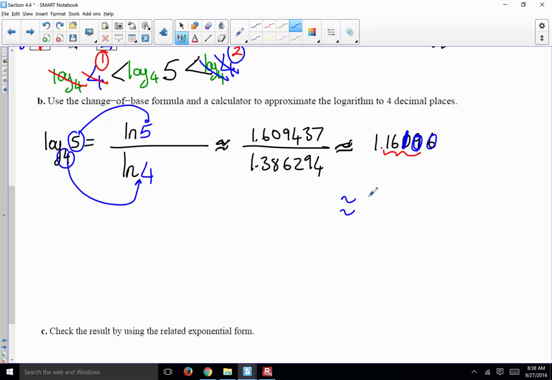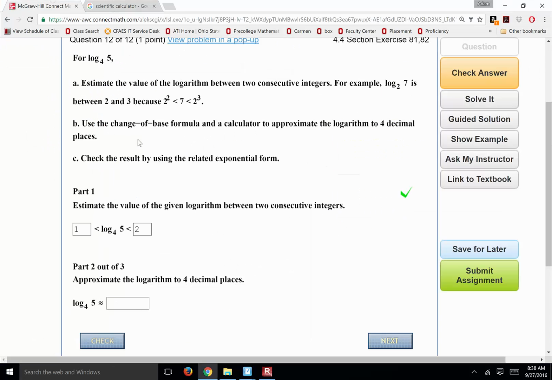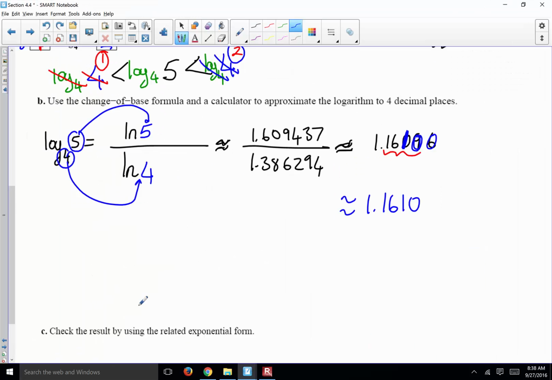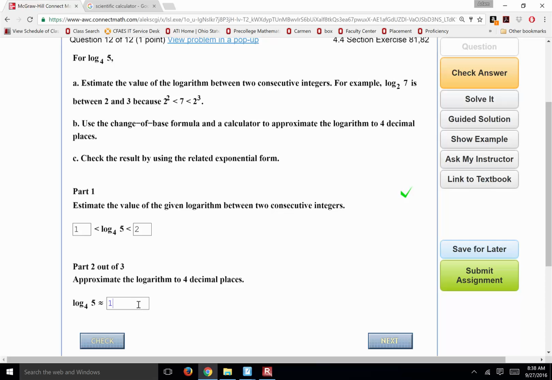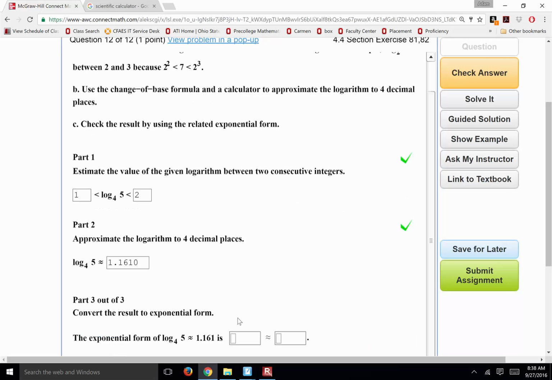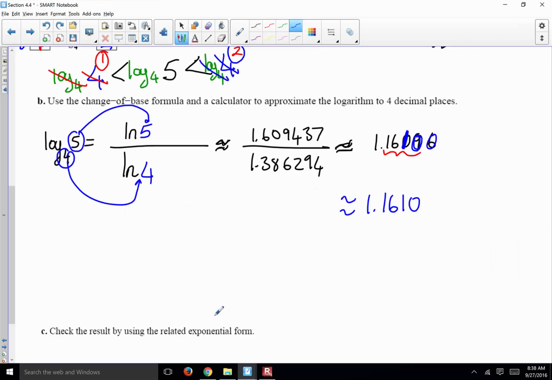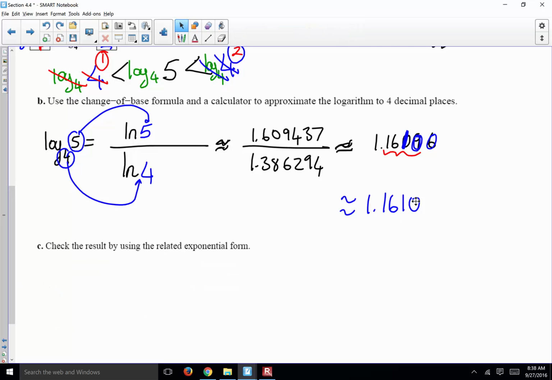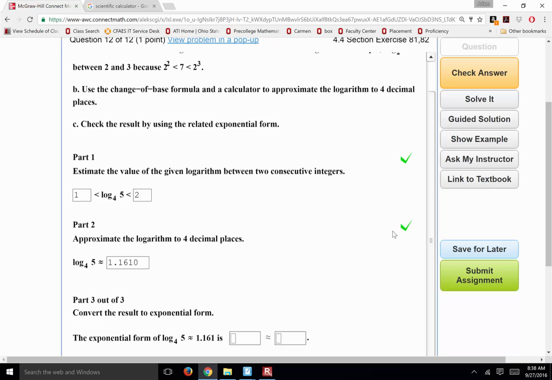Let me clearly write this. 1.1610. 9 turns into 10. I hope it's right. Good. Alright. They want us to make sure you got an estimate. Yeah, computer says I'm right.